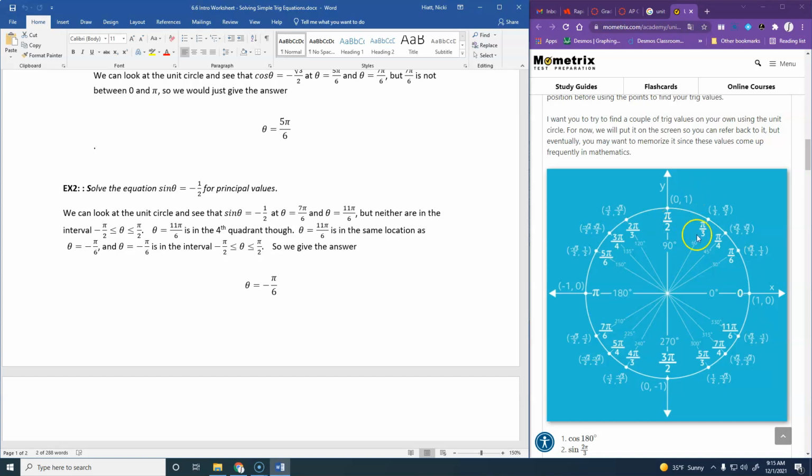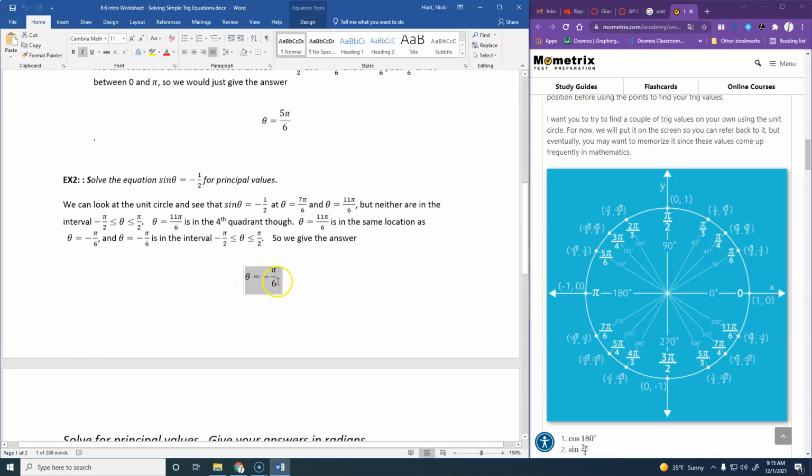So for principal values, we're looking at the first and fourth quadrant, which would be this 11 pi over 6 here, but we want to give that as a negative angle. So instead of saying that it is 11 pi over 6, we can just start from 0 and go backwards pi over 6, and that would give us the negative pi over 6 that you see we have here. So that would be the answer that we would give if we're doing principal values.